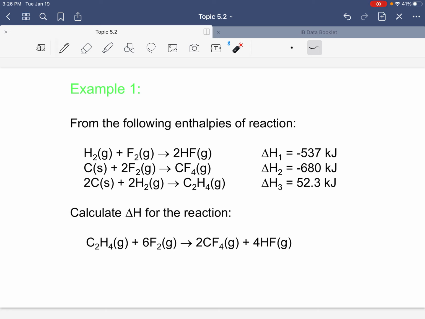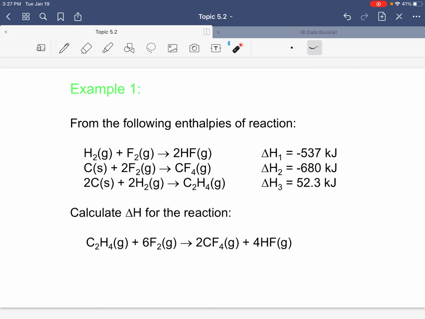Well, let's just say you want to react these two. Let's just say you want to go through completion and get these products. And you want to know what that delta H is. But you can't because you don't have a calorimeter that will allow you to do this safely or even at all. But you do have a calorimeter where you can perform this, and this separately.